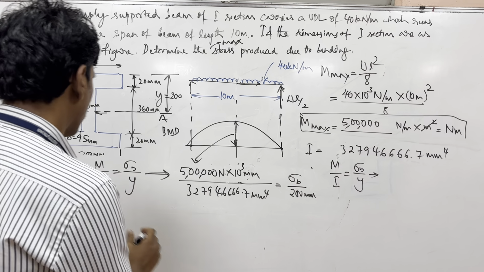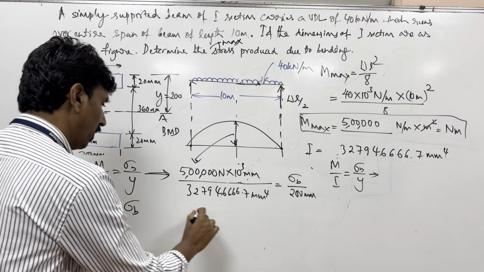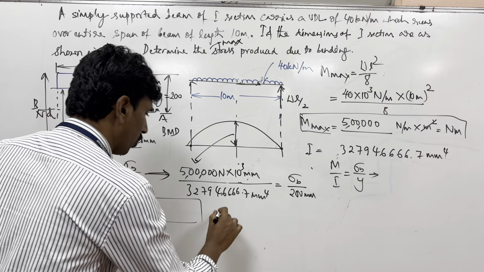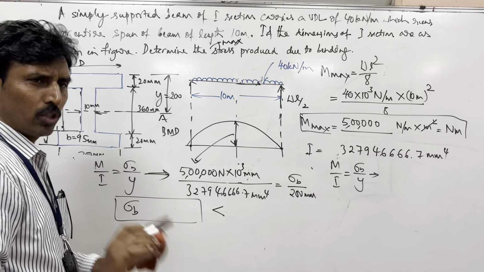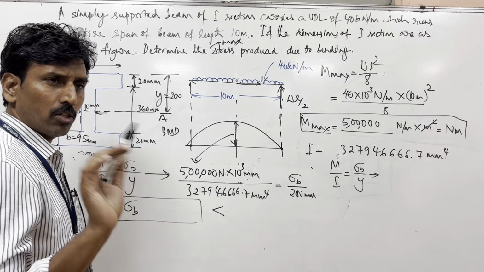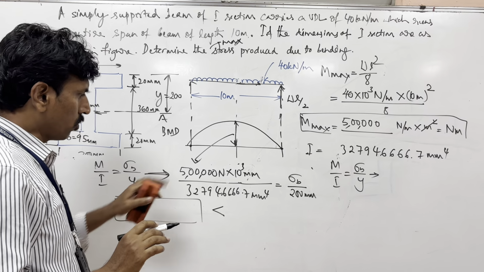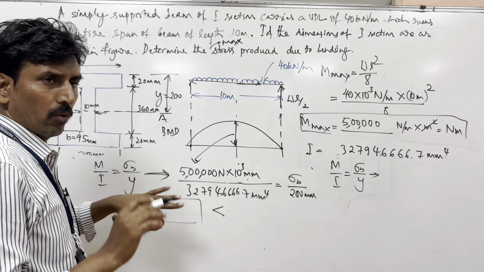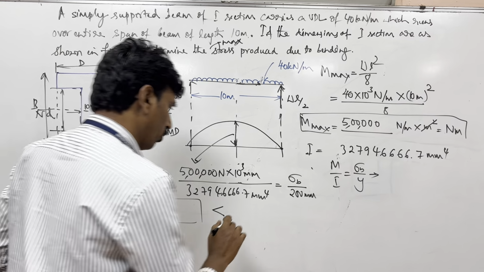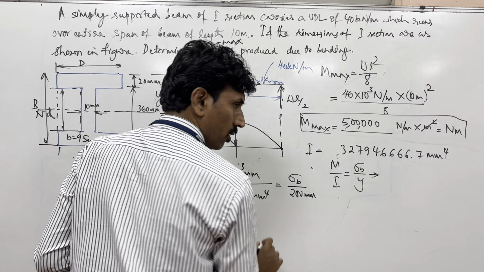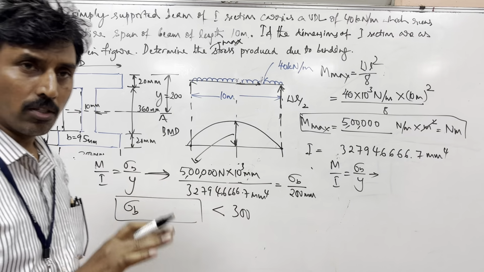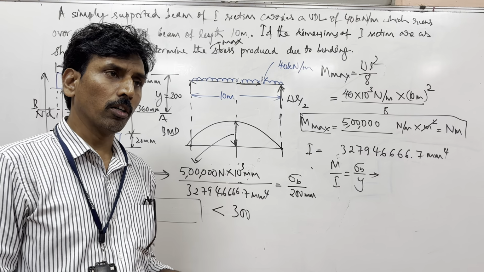So now you get the answer, sigma b. Usually this sigma b is less than 300. In the examination, these values are not randomly given; they are given by engineers to see that the stresses in the material are within limits. So this should be within 300. It is a check, you don't have to ask your friends whether the answer is right or wrong.